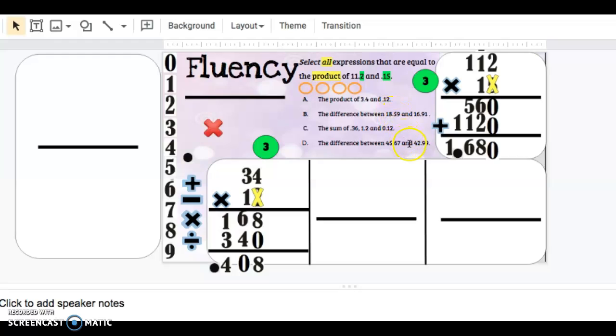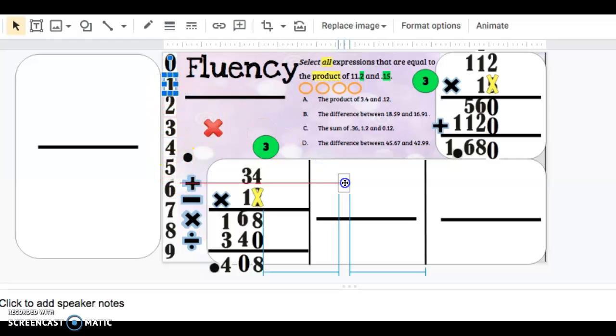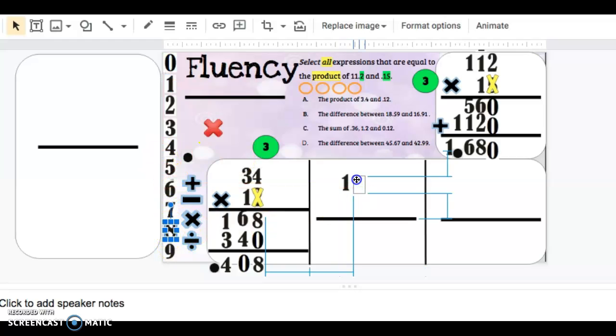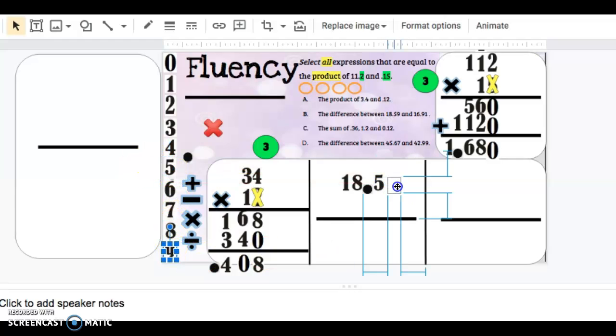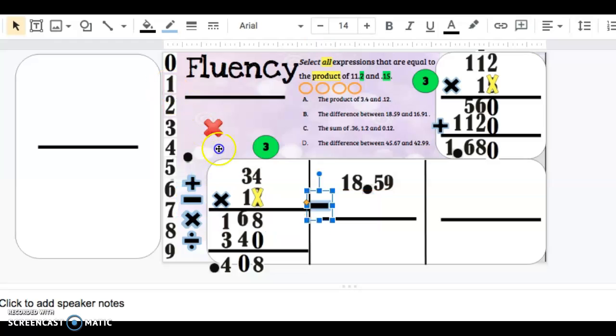The difference between 18 and 59 hundredths and 16 and 91 hundredths. So difference means to subtract. So I'm going to put my 18.59, and then we're going to subtract 16.91.